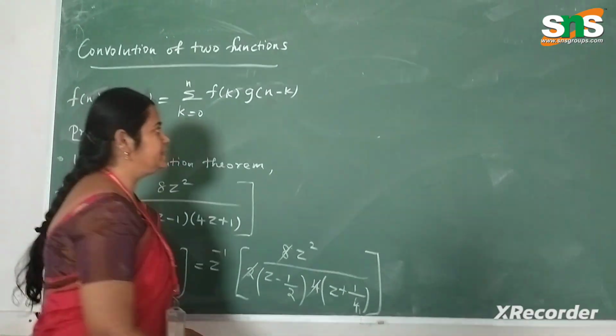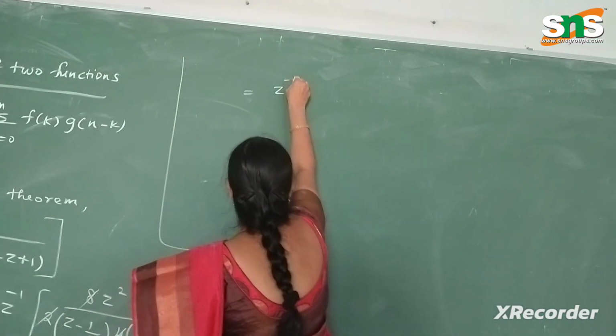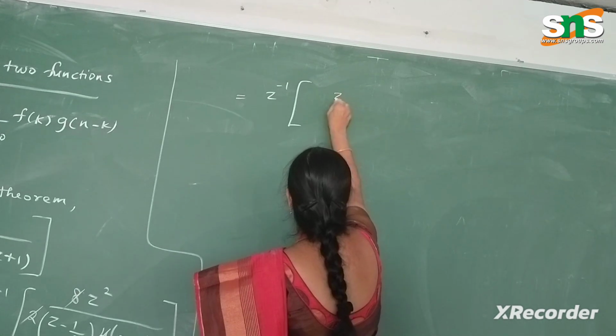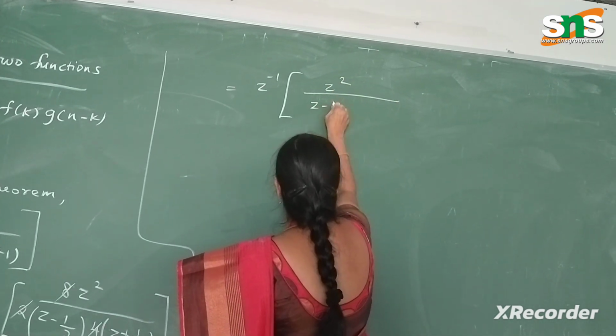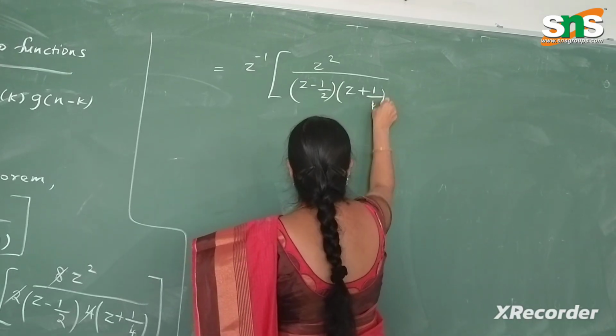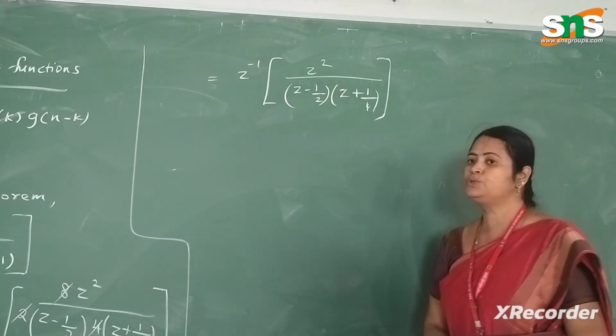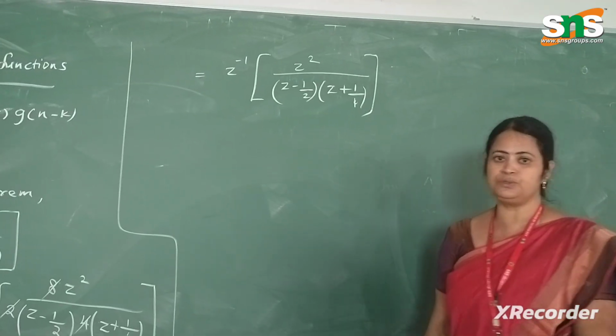So we are getting z inverse of z square divided by (z minus 1 by 2) into (z plus 1 by 4). I am going to split this term into two functions, that is f of n and g of n.